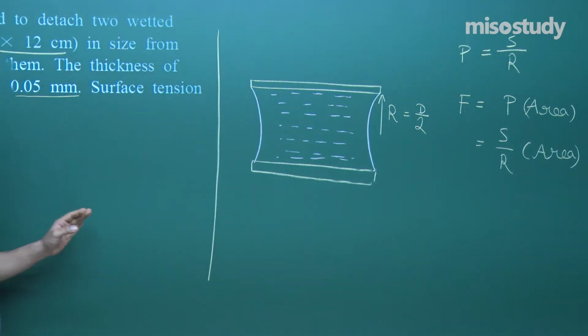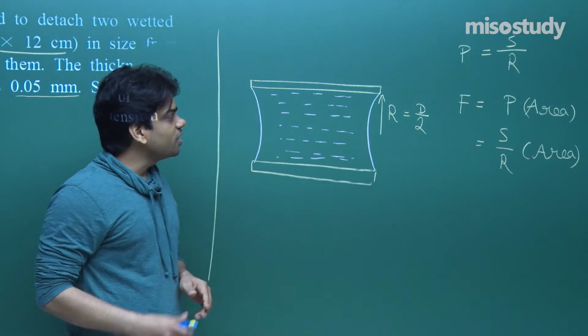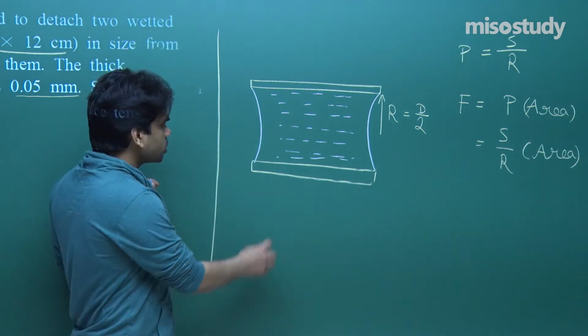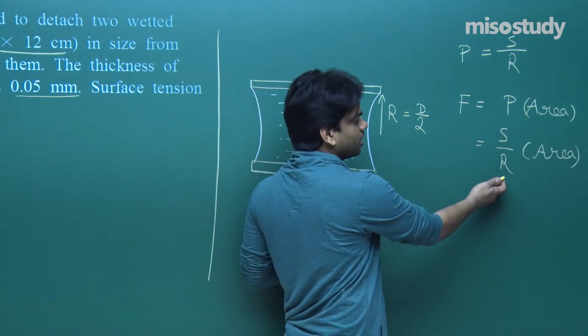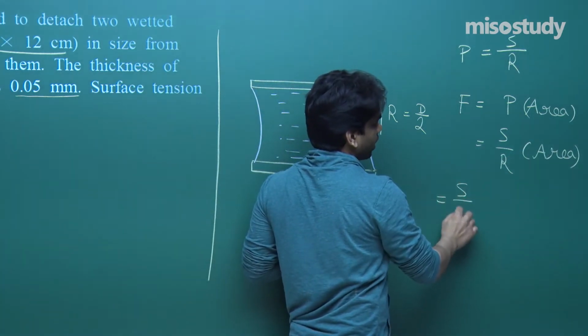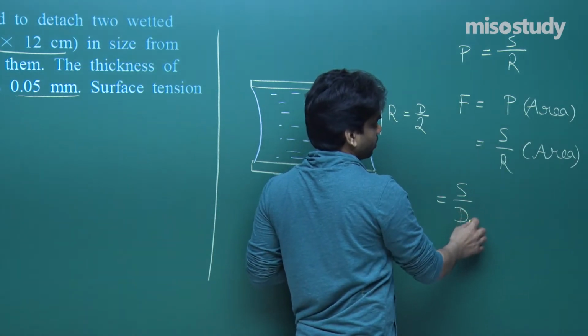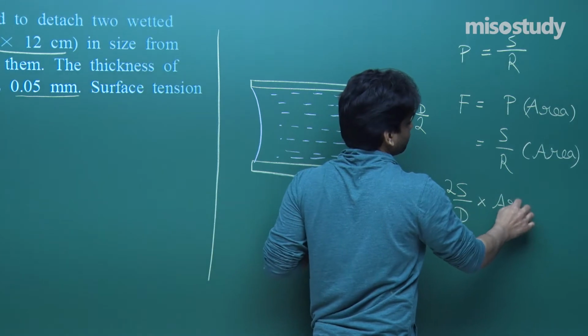Now we need to only put the values here. We need to put the values, and you see here we need to find out the value of force. Force, if I write here, force already I have written here, the value of surface tension divided by the radius and multiply by area. So surface tension divided by the diameter and then divide by 2. So this 2 will come here and multiply with area.